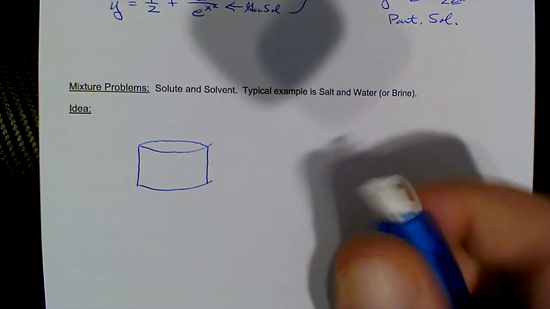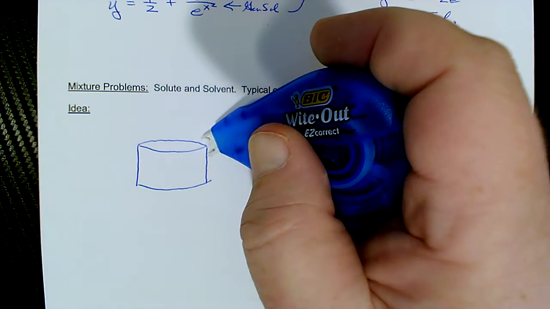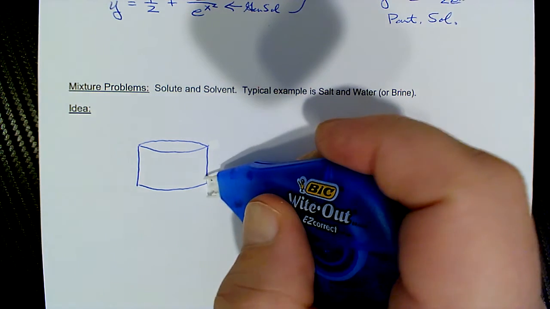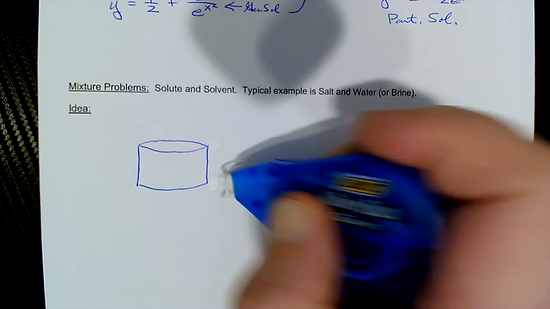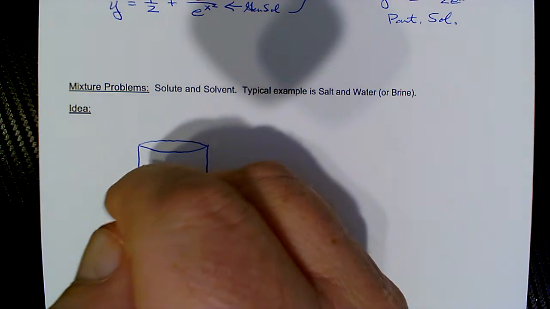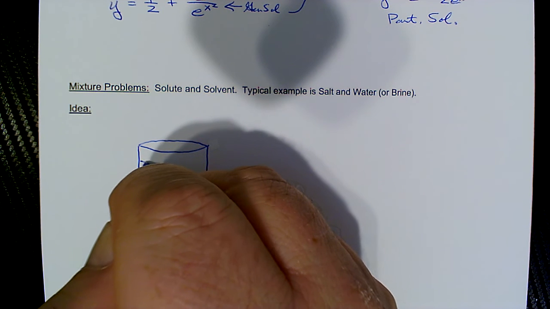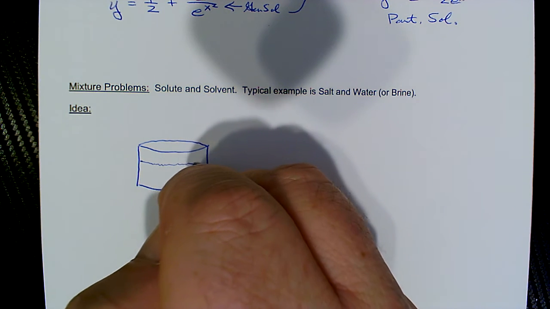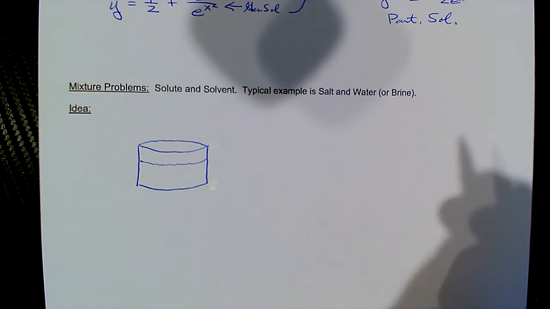Okay, so there's my tank, and maybe it's empty, or maybe it has some brine in it, or solute and solvent, so that'll be my level of the volume that's in the tank.